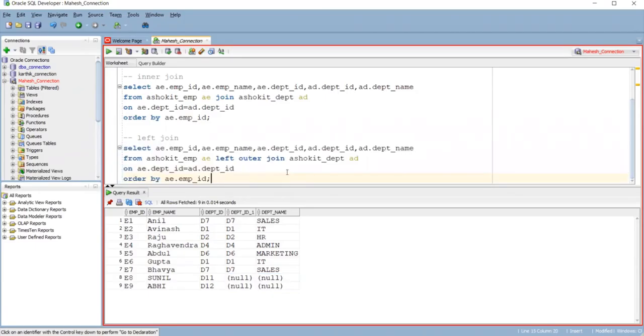When you use left outer join also, we get the same nine employees, the inner join information along with the additional records from the left hand side table. So left join or left outer join, both are one and the same, sir. The left hand side table data is important. That's all. Nothing more than that.